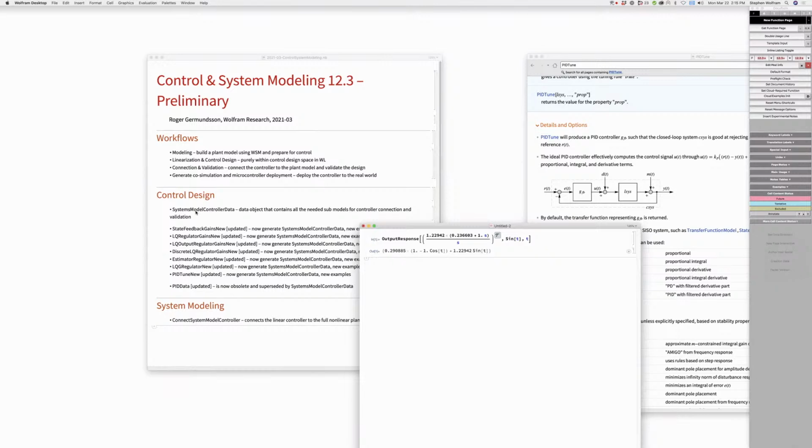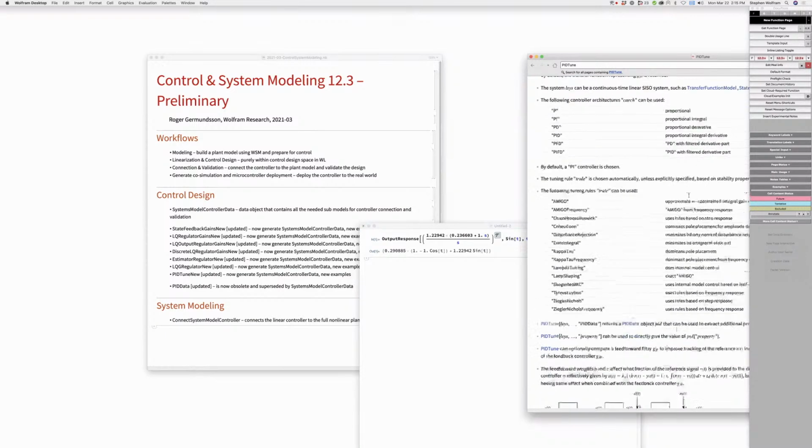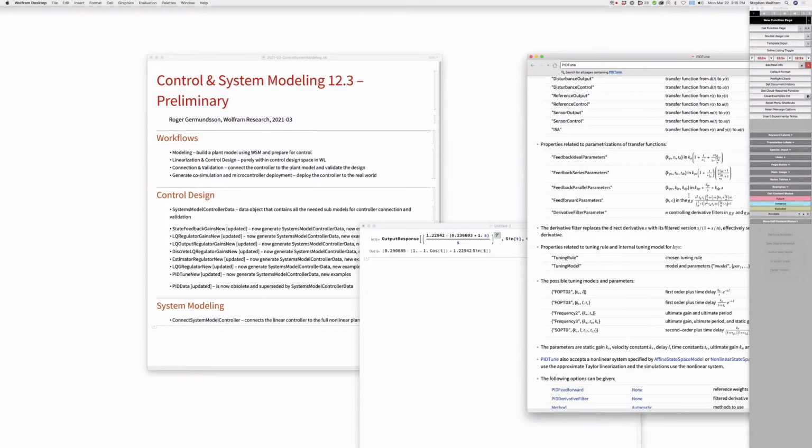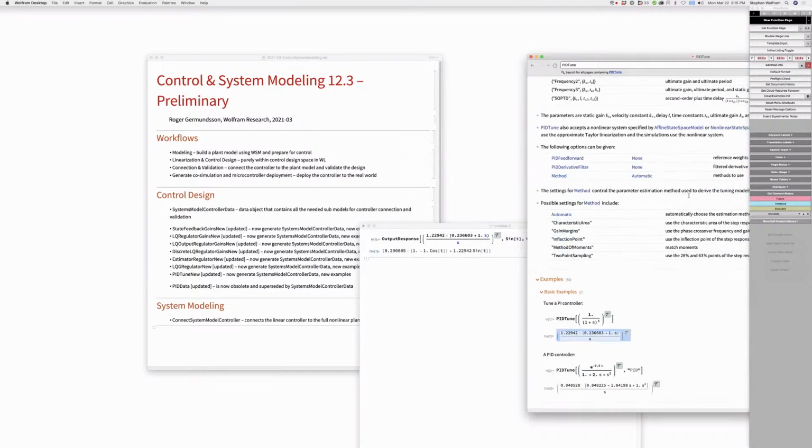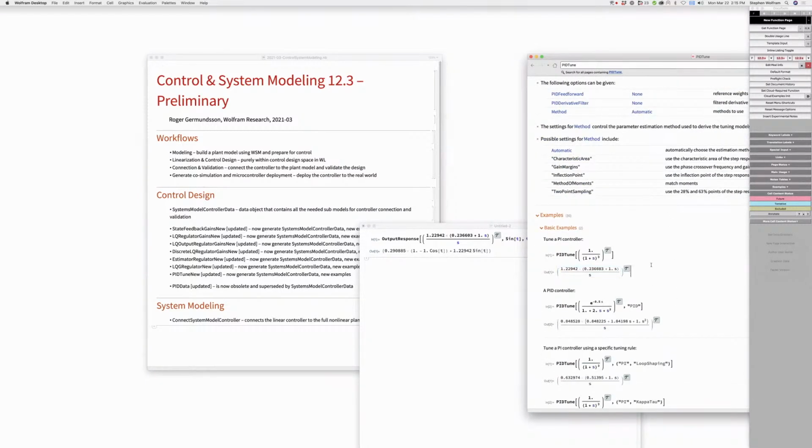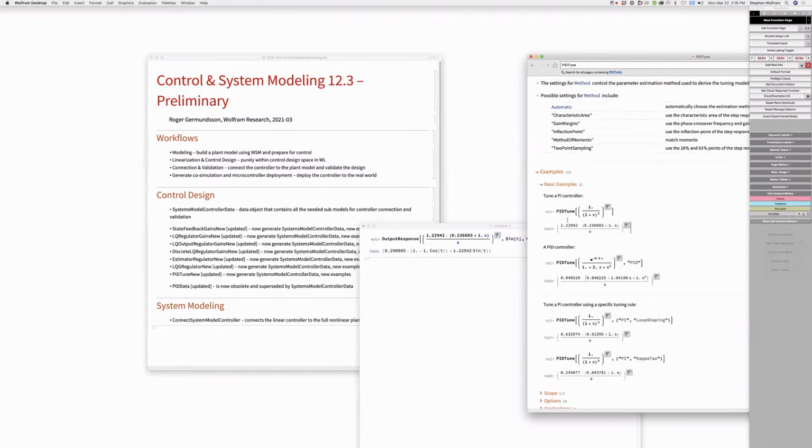So what's new is that this PID tune had a really good idea in it that we basically generalized to all control systems, which is that it can give you a data object out from which you can get all the possible transfer functions that you might want to get. So how do you get the data object from PID tune?